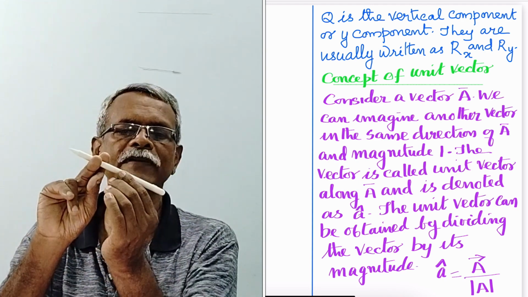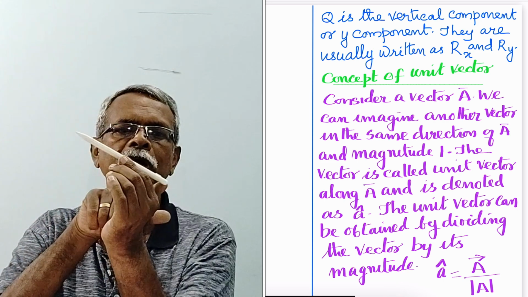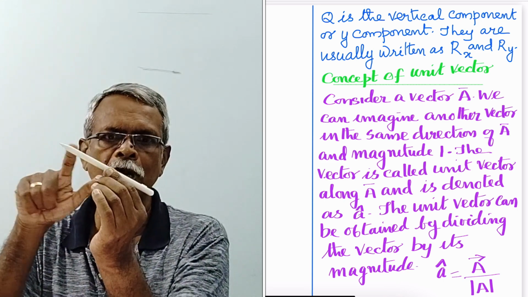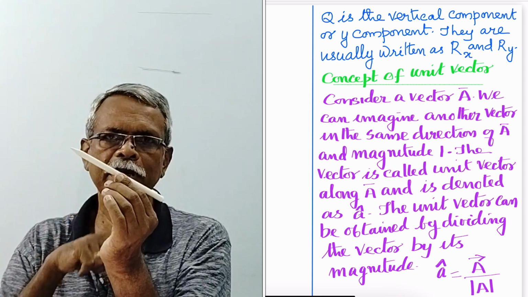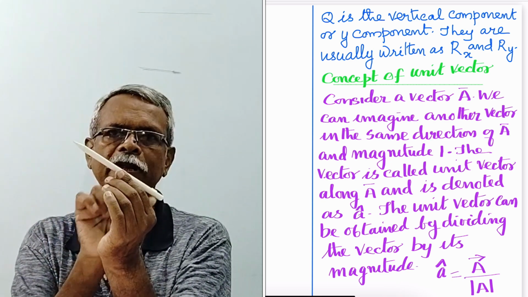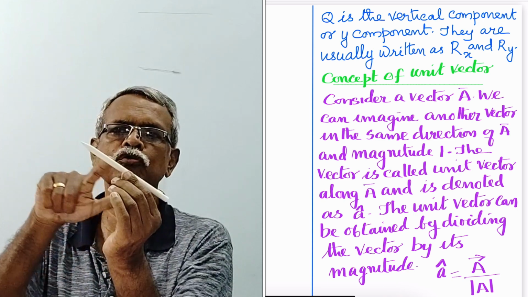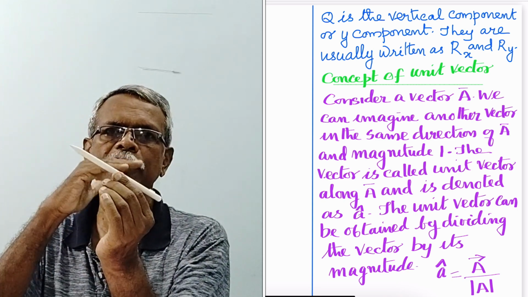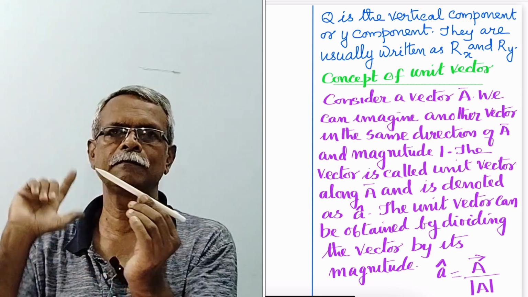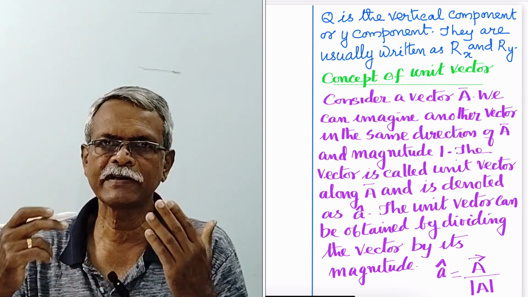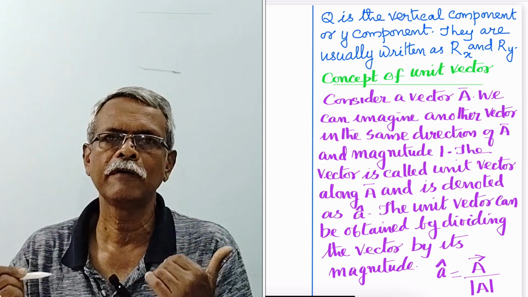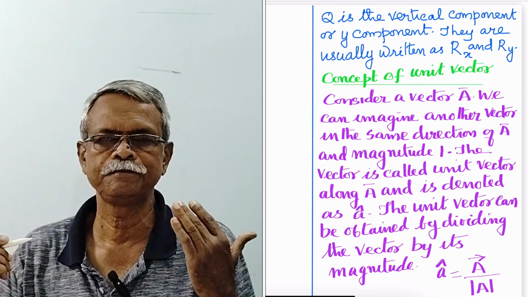If you take this example, I have a 5 centimeter long vector. I have a unit vector 1 centimeter. If I want to get the unit vector, I simply take this vector A and divide it by 5. 5 is the magnitude of this vector. Therefore, a vector divided by its magnitude will give you the unit vector.